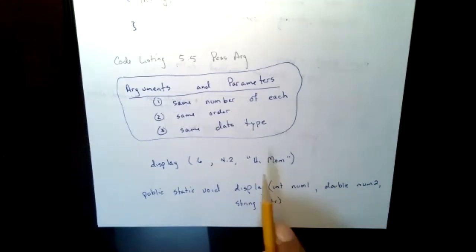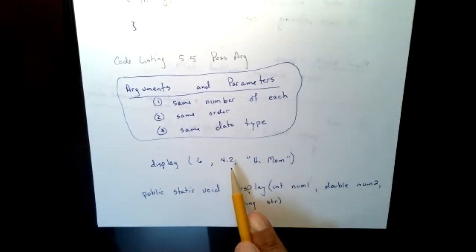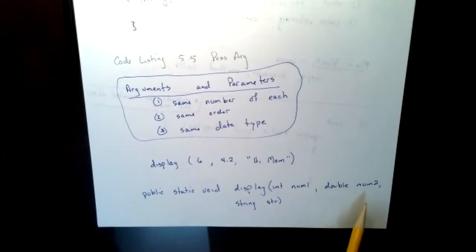Double num2 will get the value of 4.2, which was my second argument. And my third local variable in my parameter list is String str, and str would get the value of hi mom. So I can pass those values into my method. Okay? Void method.